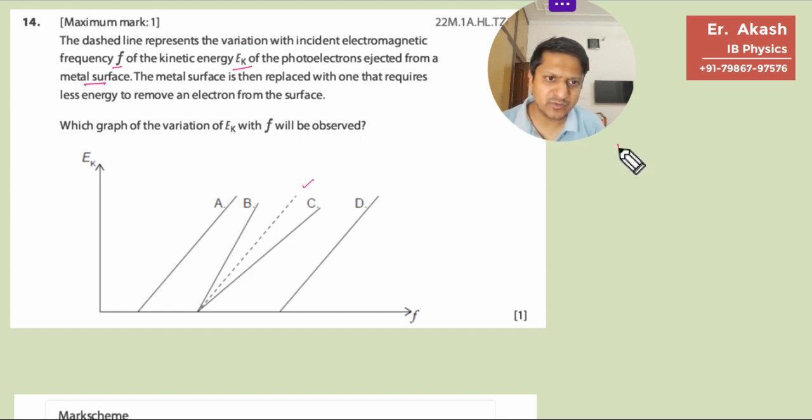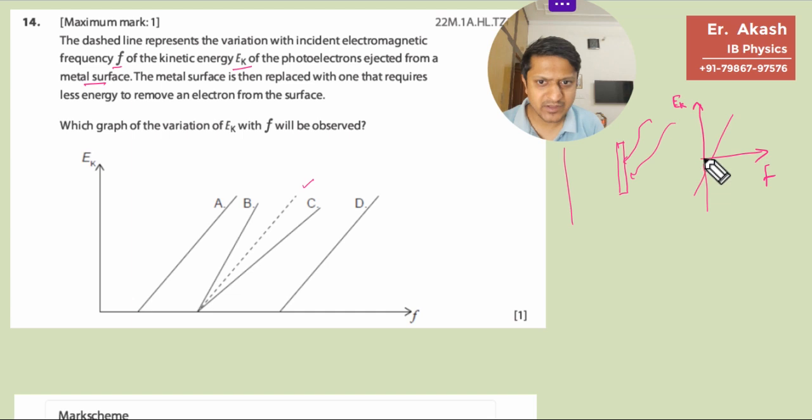So basically we know that if we draw a graph between Ek, that is the maximum kinetic energy, and F, we always get a straight line graph. Whenever we change the surface, the graph will always be parallel.